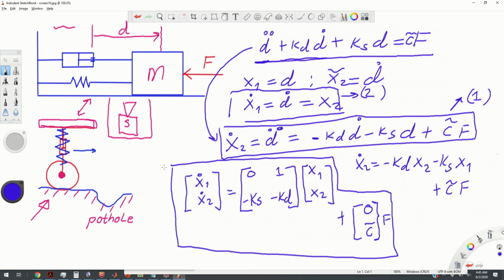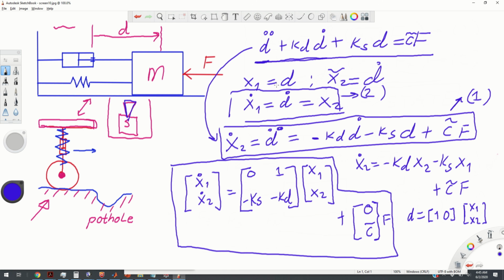Now, the output equation will be obtained by simply observing that using this sensor we are measuring the displacement. So our output equation will be d is equal to 1, 0 times x1 and x2.